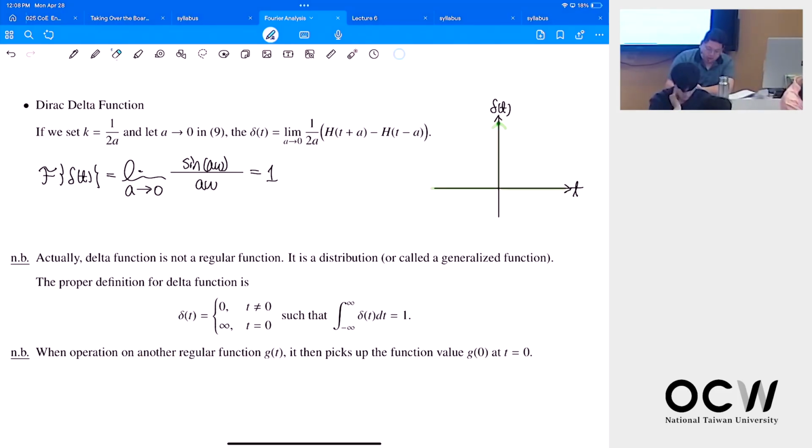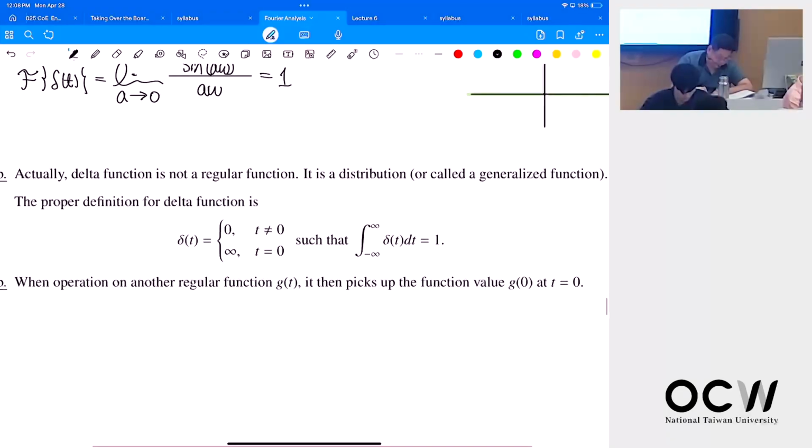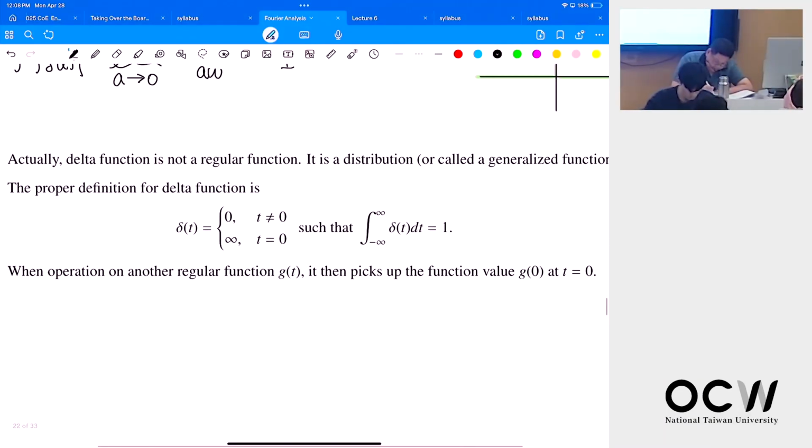Then why do we need this generalized function? For example, when operating on another regular function, it can pick up the value at t equals 0. Take the delta function times another regular function g, and I take the integration dt.